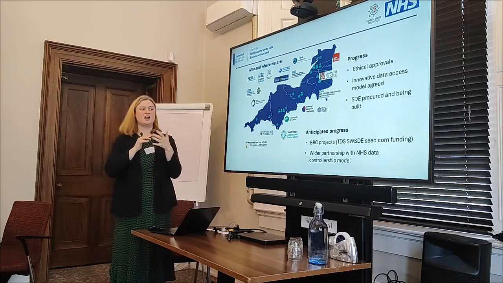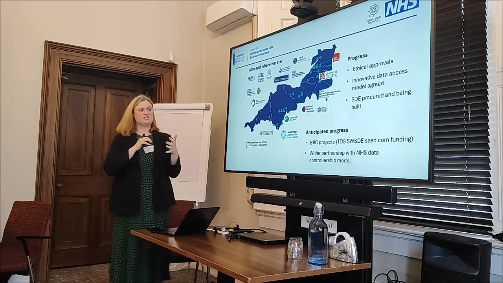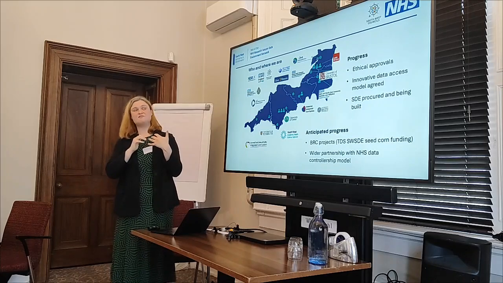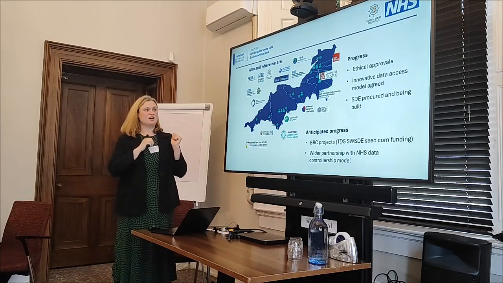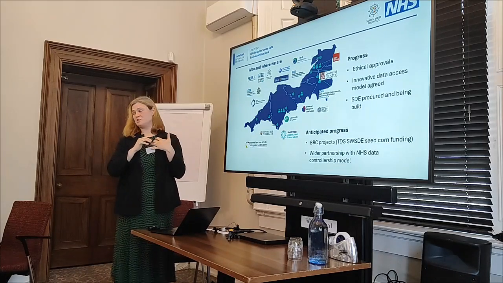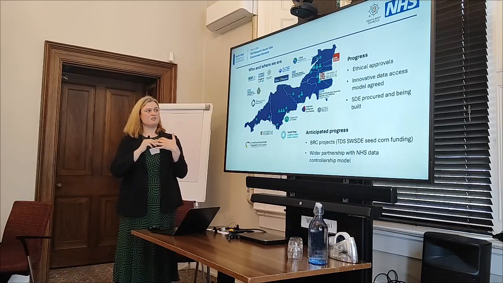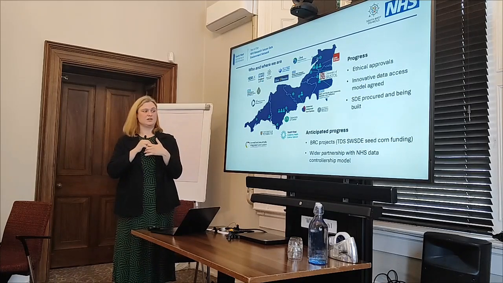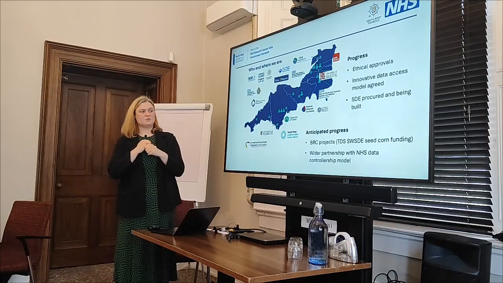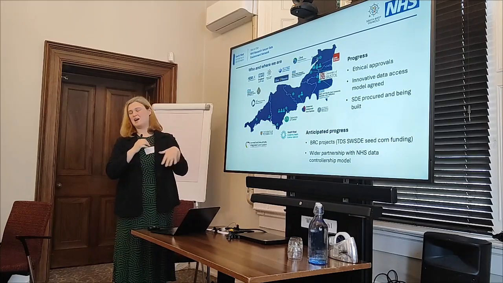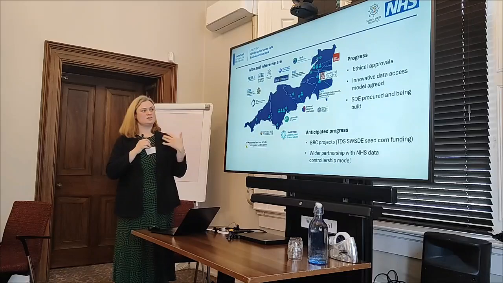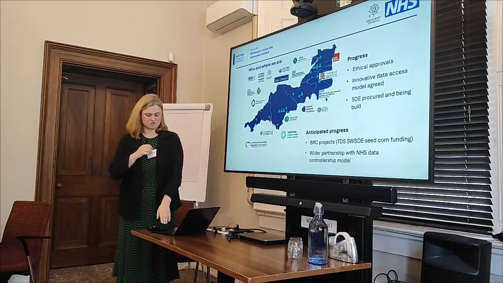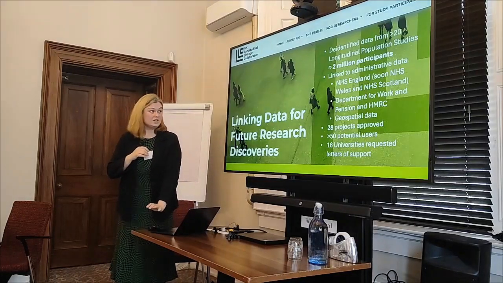So we're doing a lot of alignment at the moment with the NIHR infrastructure across the region, but also big program grants that are underway. For example, it's included in our Applied Research Collaboratives grant as well. And we are having further discussions about how we onboard more stakeholders, NHS data controllers going forward.